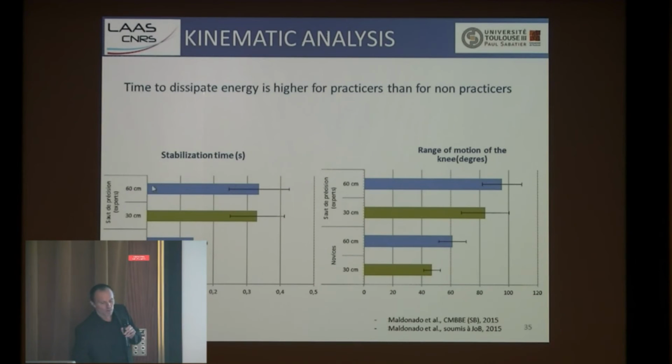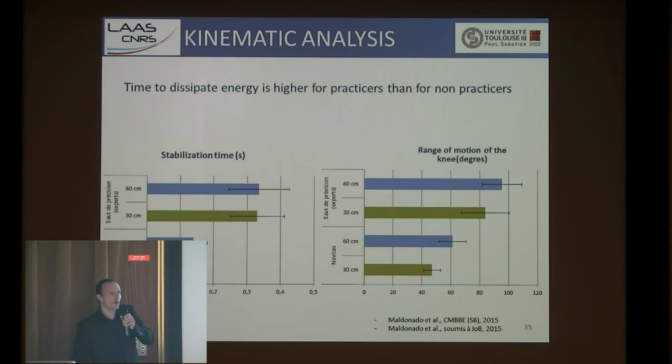Here is the time of landing of practitioners, and here the time of landing of non-practitioners. We can see that the practitioners land smoothly, while the non-practitioners land very stiffly.